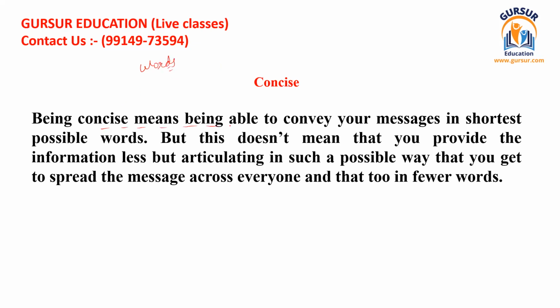So being concise means being able to convey your message in the shortest possible words. When you speak little but convey more message, that kind of system is known as a concise system of communication, and it must be there. So that was the first C.